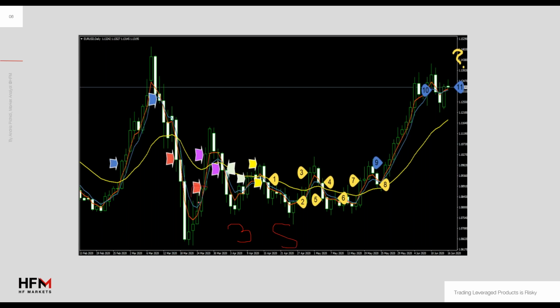And that happened over here. That was the exit level. Okay, this is it pretty much. It's quite straightforward, I think.